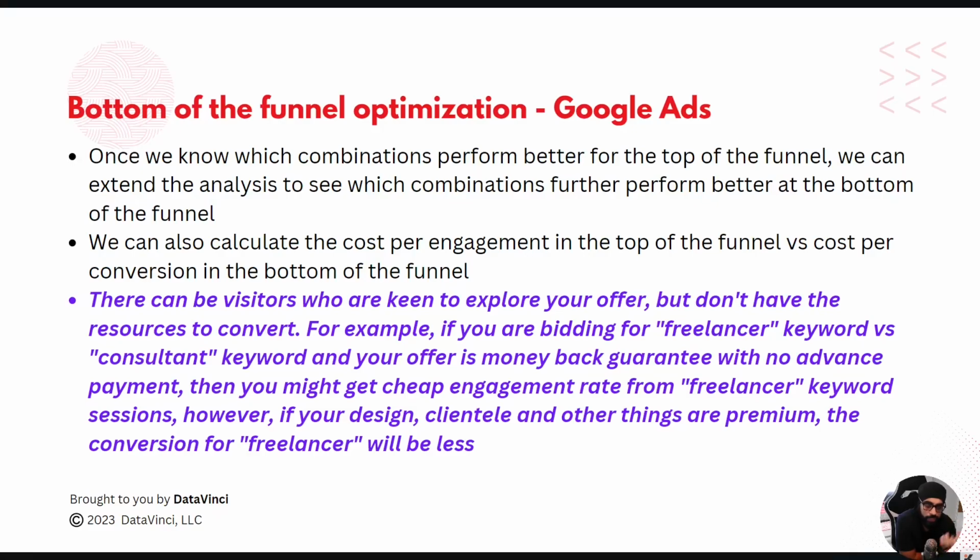So we can get a lot of cheap engagement for the freelancer keyword, right? And the initial engagement rate for the consultant keyword can be less, because maybe more and more people are searching for freelancer. That's why more people are entering the funnel, and that's why the cost per engagement for the people who are searching for freelancer keyword is less, right?